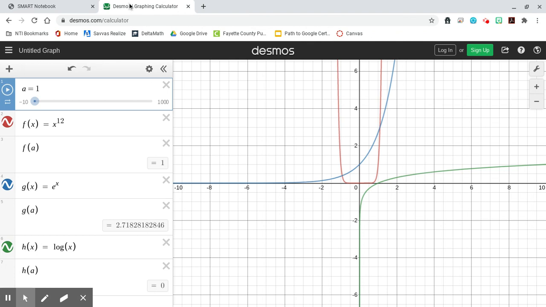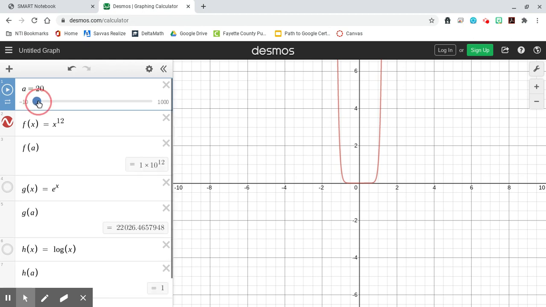So I have on Desmos three functions graphed, and right now it looks overwhelming. So let me unhighlight. So right now, the function that's graphed is x to the 12th, the red function right here. So that's a polynomial function. And I have this slider a. So right now it's on a equals negative 10.